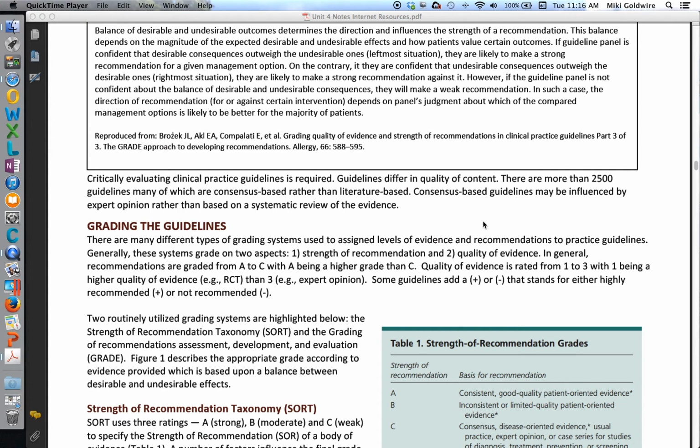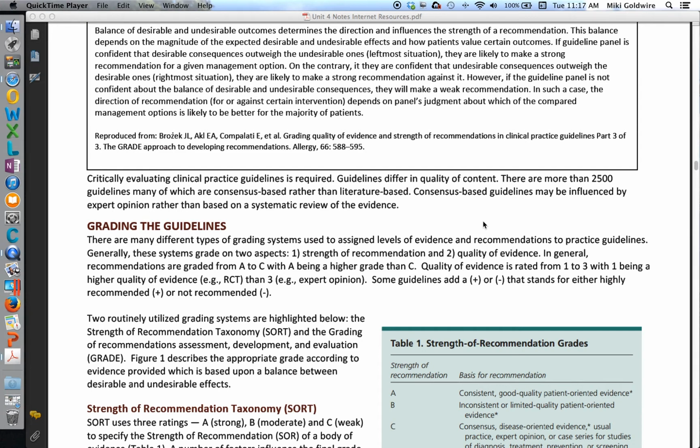In general, recommendations are graded from A to C, with A being a higher grade than C. Quality of evidence is rated from 1 to 3, with 1 being a higher quality of evidence, such as literature and outcomes from randomized controlled trials, rather than 3, which often represents expert opinion. Some guidelines add a plus sign or a minus sign that stands for either highly recommended or not recommended.